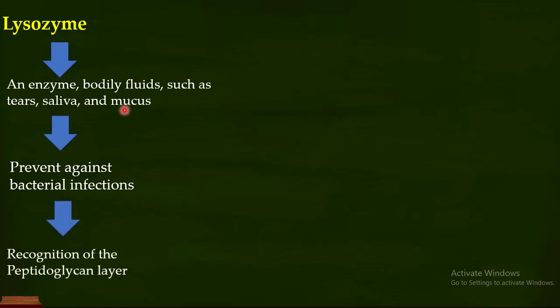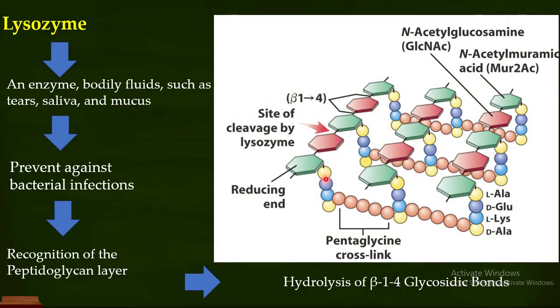They recognize the peptidoglycan layer of the bacteria, and once that is recognized, they carry out the hydrolysis of the beta-1,4 glycosidic bond. As you can see over here, this is the beta-1,4 glycosidic bond, and these lysozymes break it down. When that is broken down, the peptidoglycan layer of the bacteria is destroyed, and the bacteria get killed.